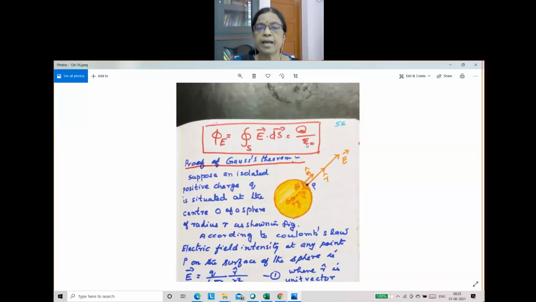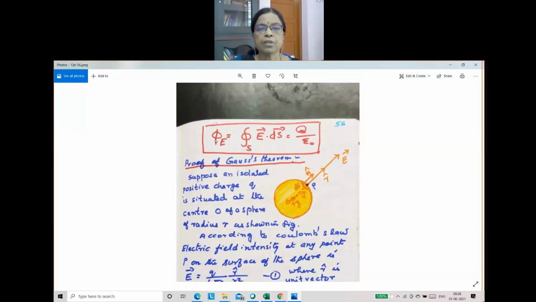And that's equal to Q by epsilon 0. What is Q? Q is the net charge enclosed within the surface. Understand? So we got the formula for Gaussian surface: integral over the closed surface S of E dot ds is equal to q by epsilon 0. So what is the equation for Gauss's theorem?